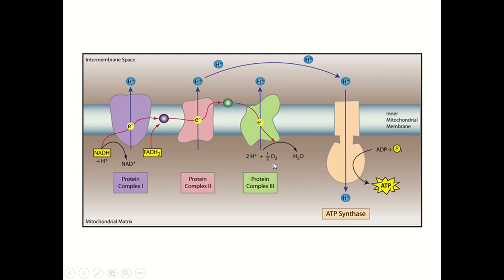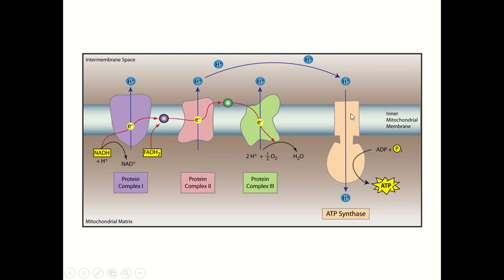The final electron acceptor is oxygen, which accepts the electrons and forms water from hydrogen ions and oxygen. Meanwhile, the high concentration of hydrogen ions in the intermembrane space goes down its concentration gradient, producing a proton motive force.